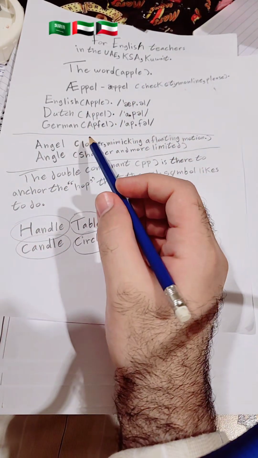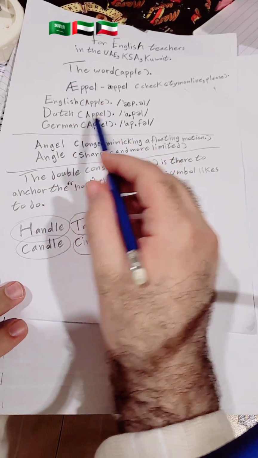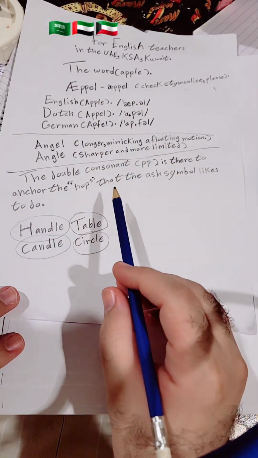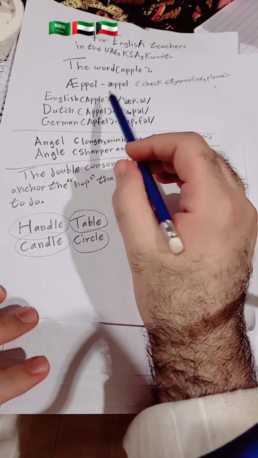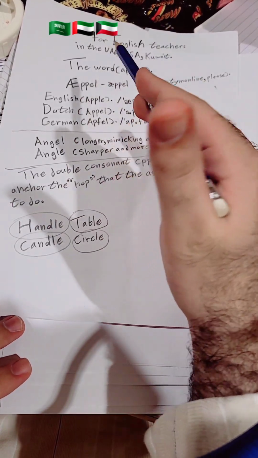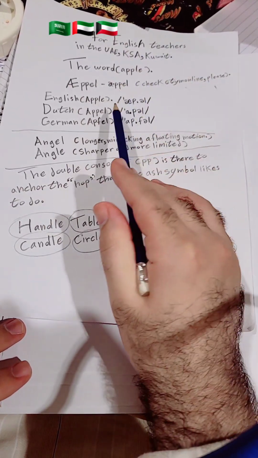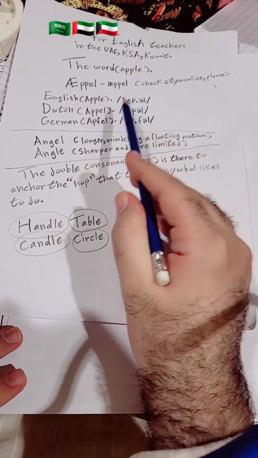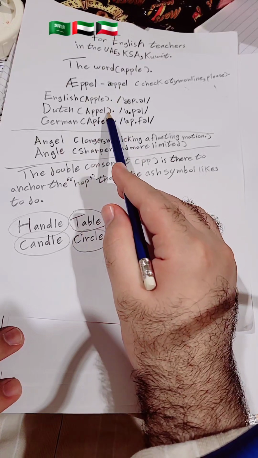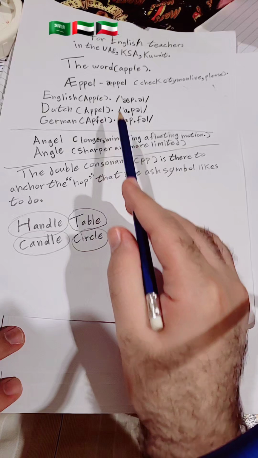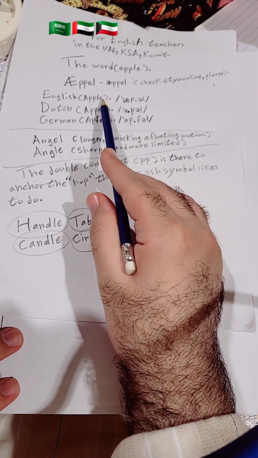You're more than welcome to. So in Dutch, it is a little bit different. It preserved the L being at the end. In English, it flipped. Why did it flip? There is a reason.